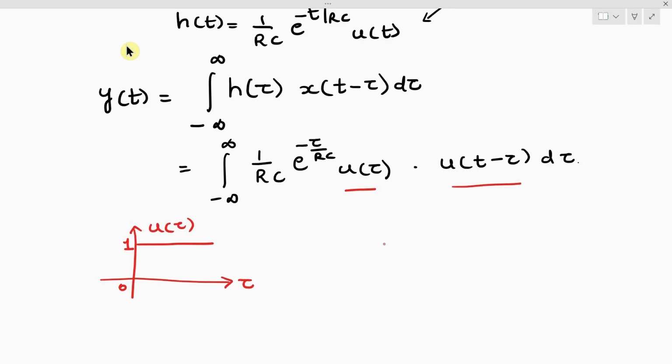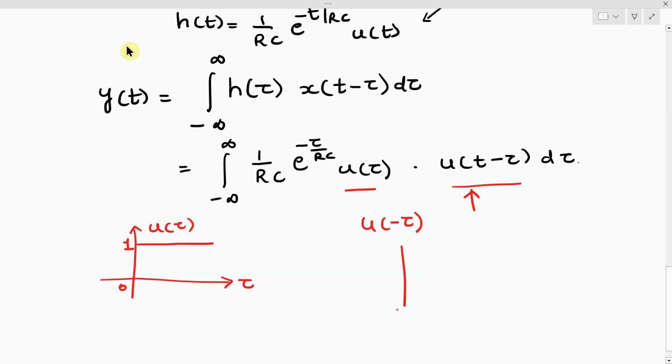Yes, sir. Right. Now, instead of directly plotting u of t minus tau, as discussed in the lab when we were doing the convolution operation, first I will represent u of minus tau, then I'll be plotting u of t minus tau.